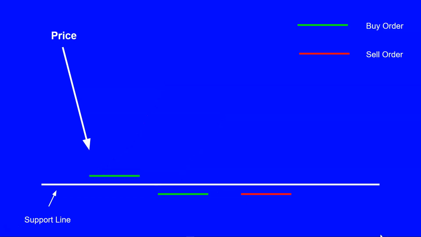Now, I want you to understand that I'm speaking totally from personal experience here. I spent many months actually expecting lines to touch exactly and reverse. And if they didn't touch exactly, then I didn't enter the trade, and I took a 1 or 2 pip stop on the other side of the line.